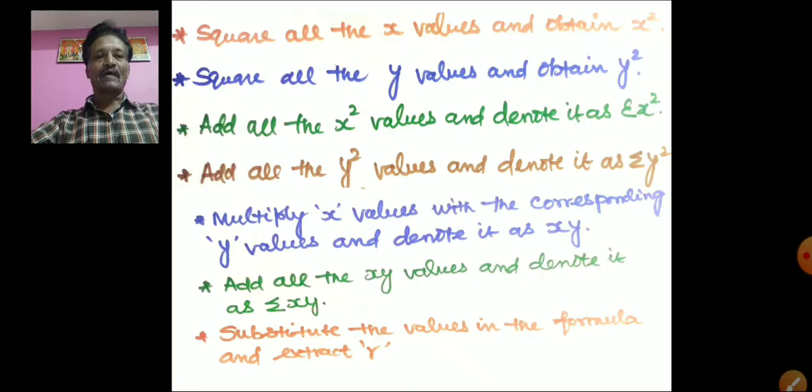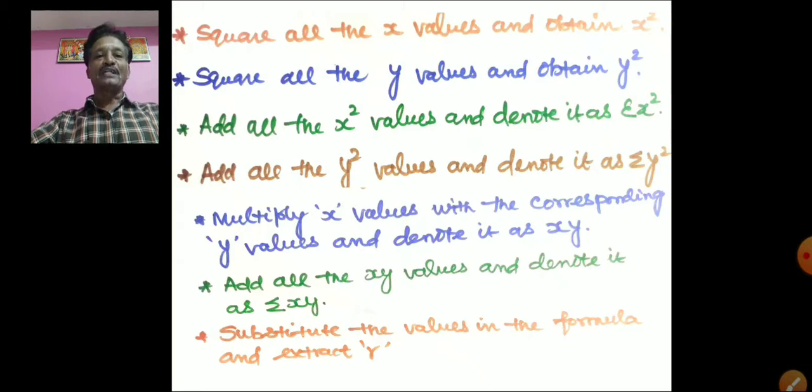So now what are the values we have calculated? We have calculated small x, small y, small x square and small y square. Now we have to take the product of small x and small y, and denote it by small xy.